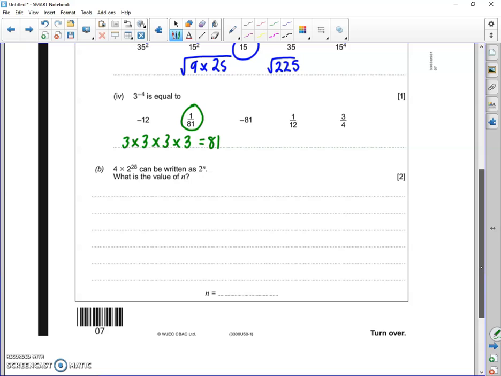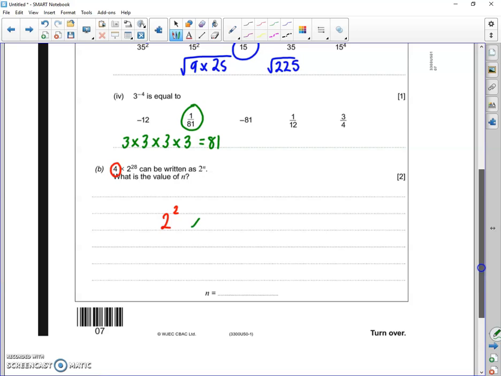Last bit of this question, this is not very nice. 4 times 2 to the power of 28 can be written as 2 to the power of n. What is the value of n? Well, they want this all written in 2's. So what you've really got to spot on this question is that the 4 can be written as 2 squared.